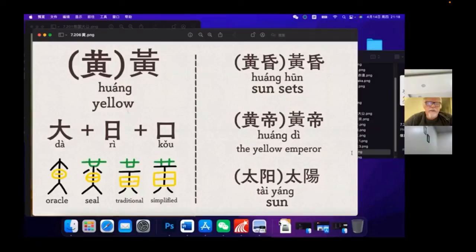Characters change their meaning over the centuries. So what was the original meaning? Now it means yellow.